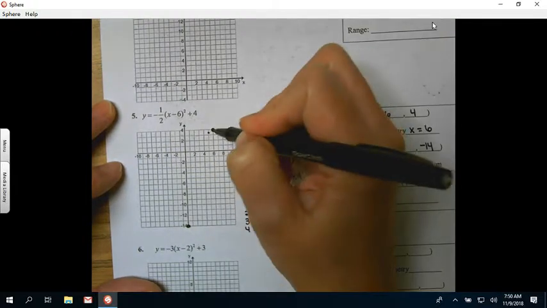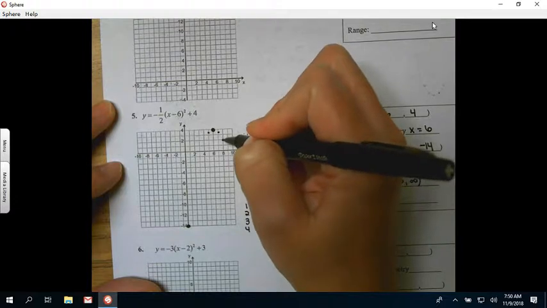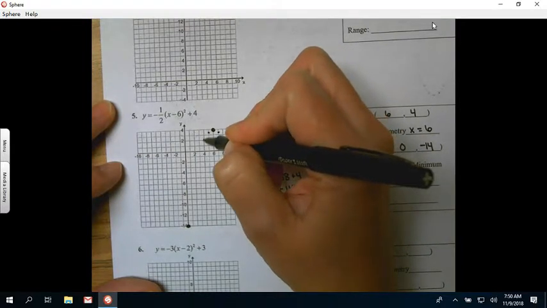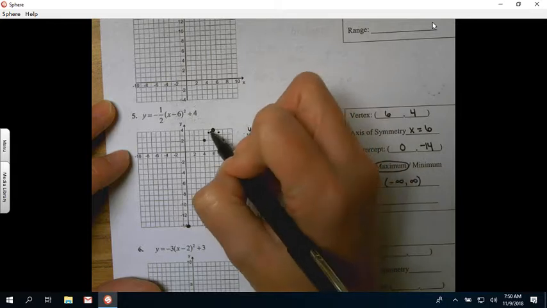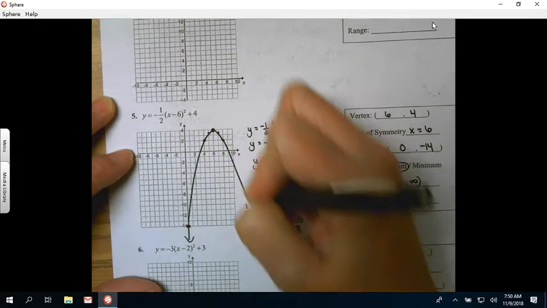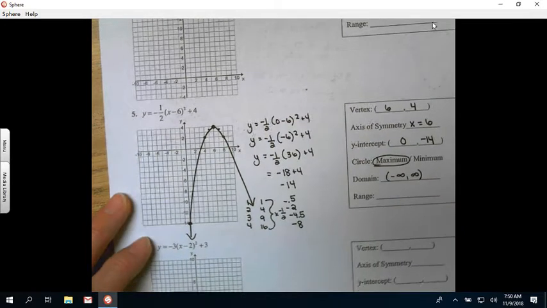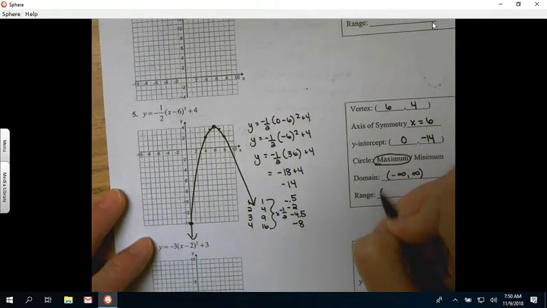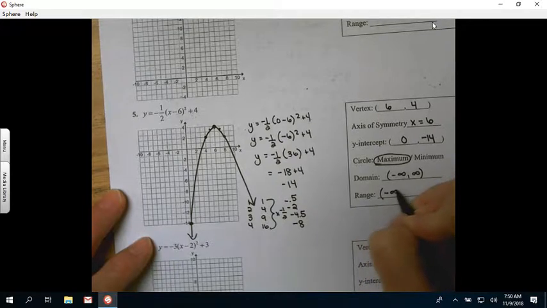If I go out 2, I'm going down 2. I can connect my points, and there is my parabola. Range, since this goes down, it's negative infinity all the way to 4.